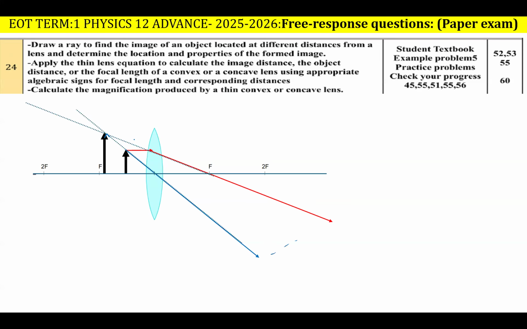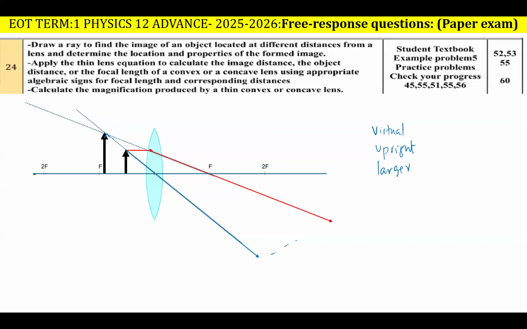So here we can say that the image formed is virtual because the rays are not really meeting. It's a virtual one, and if it is virtual, it is upright, and here it is larger. This is where we use the convex lens as a magnifying glass. Whenever we are using a convex lens as a magnifying glass, we always keep the object between the focus and the convex lens.